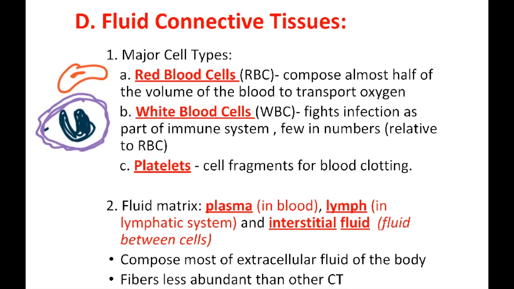Platelets, on the other hand, are tiny cell chunks that are found in your blood. They move around, and they have little spiky corners on them. And if you get a cut or anything like that, platelets are capable of plugging up that cut and preventing you from bleeding out.